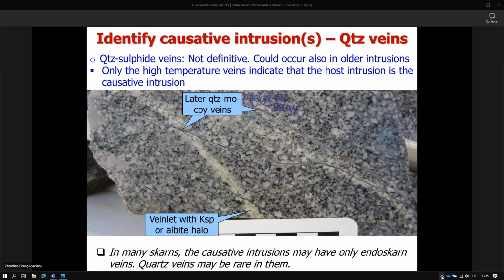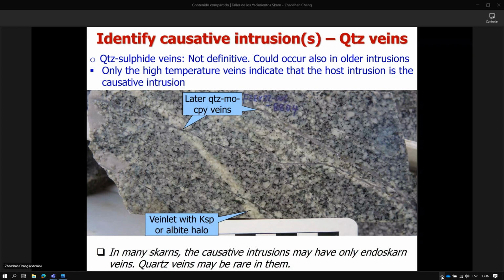So, next to this, there's massive skarn here. Then you go into here, that's skarn veins, and you go further inside, skarn veins and porphyry veins. Some skarn veins cut porphyry, some porphyry cuts skarn. So they are at the same time. Then you go further inside, you only have porphyry veins, no more skarn.